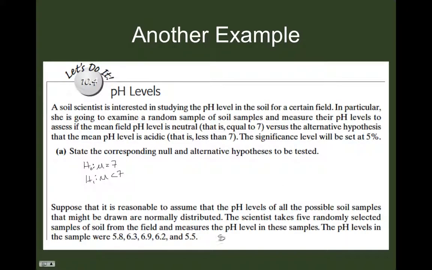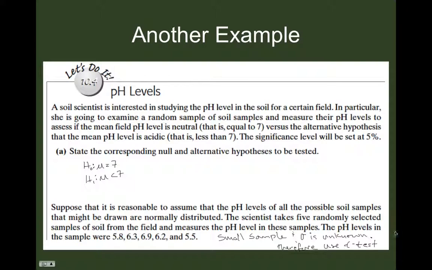Well, we've got a small sample, and sigma is unknown. Sigma is not given in this example. Therefore, we're going to use the t distribution, or what's called a t-test on the TI calculator.